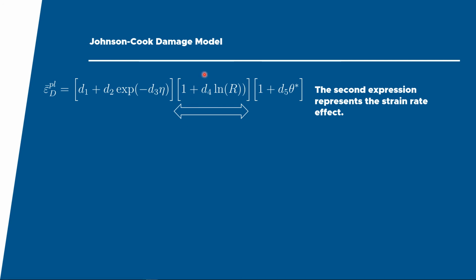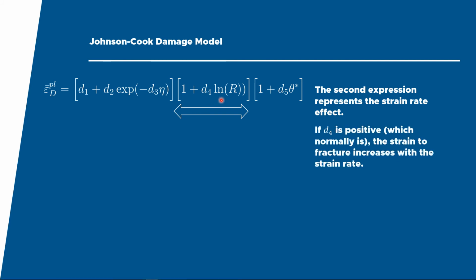Moving on to the second part of the Johnson-Cook damage model equation, we can see that we have the strain rate influence on the equivalent plastic strain at failure. And what it is saying here is that if D4 is positive, which normally it is, the strain at fracture increases with the strain rate.